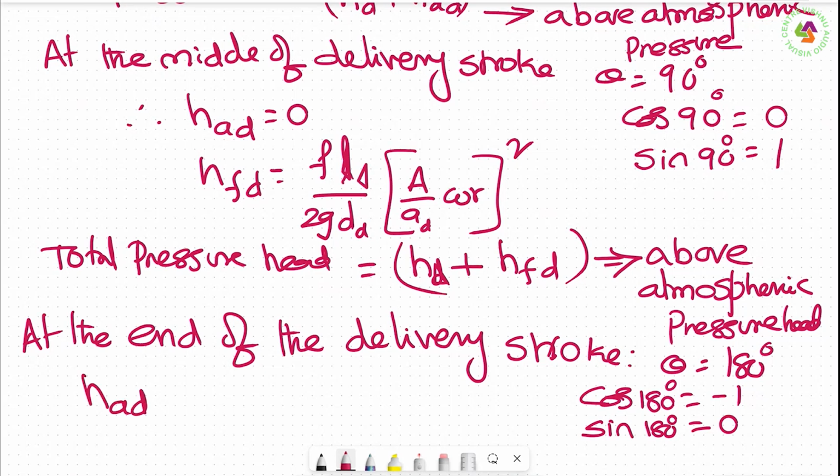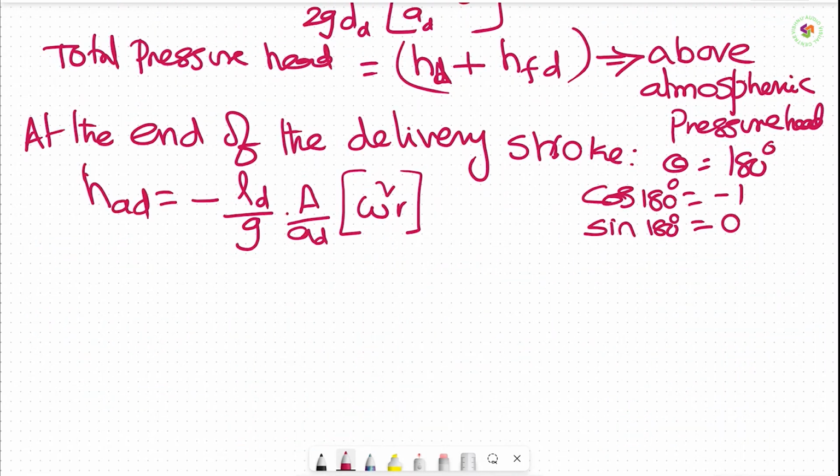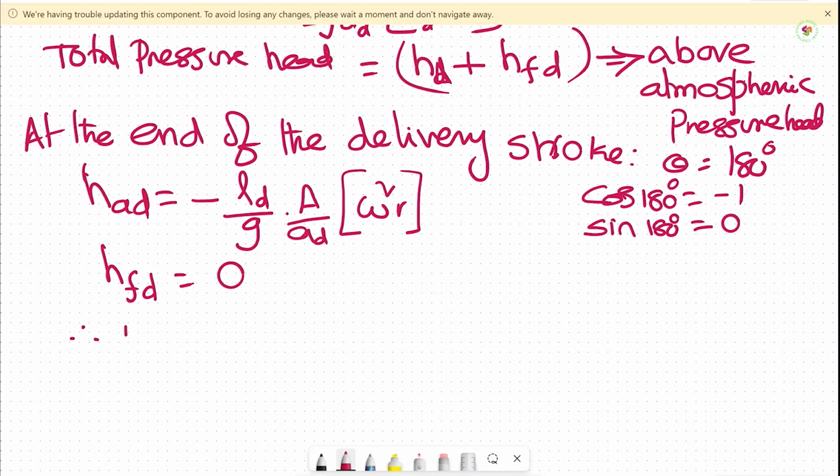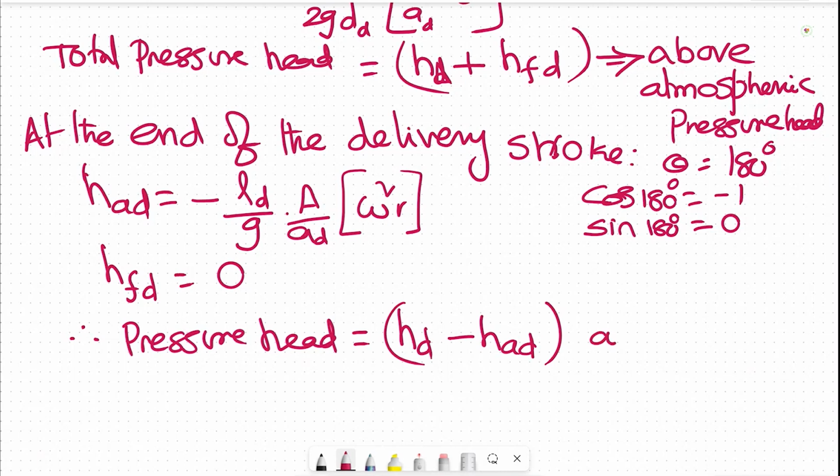Therefore, HAD is equal to minus LD by G, A by AD, omega square R. HFD is equal to 0. Therefore, pressure head is equal to HD minus HAD, above atmospheric pressure head.